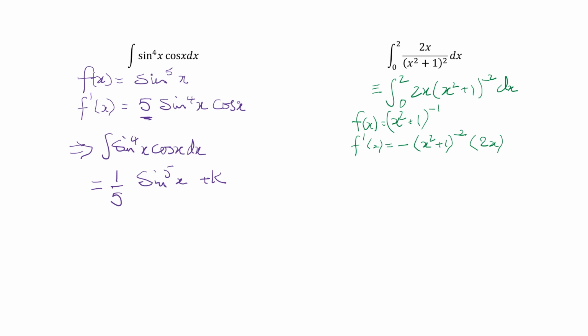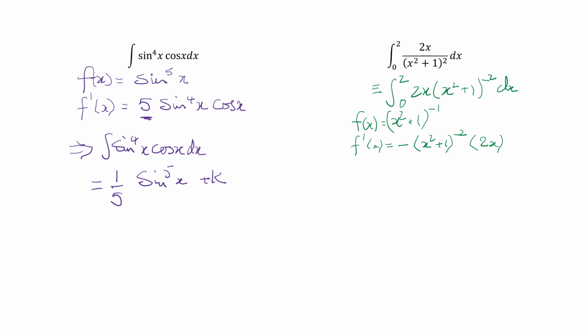Or multiply by the power, bring the power down by 1. So minus bracket x squared plus 1 all to the power minus 2, differential of the inside 2x. So that's the same as writing, of course, minus 2x over x squared plus 1 to the power 2.